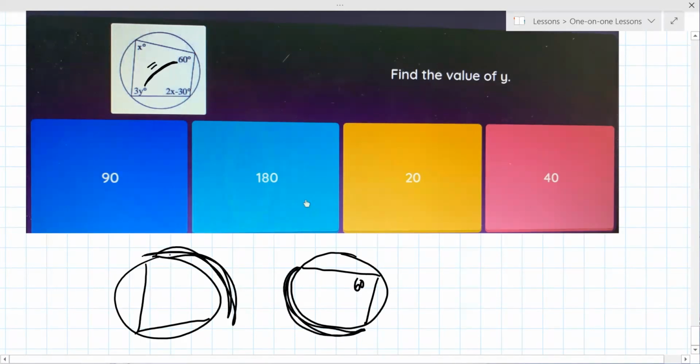Like these two arcs end up being the same. It looks like they even go around at a diameter. So that's how you do that. You say, oh, 3y must equal 60. So y equals 20.